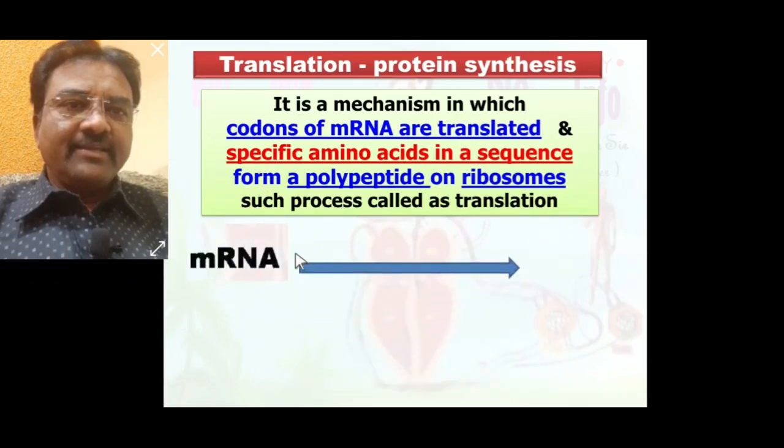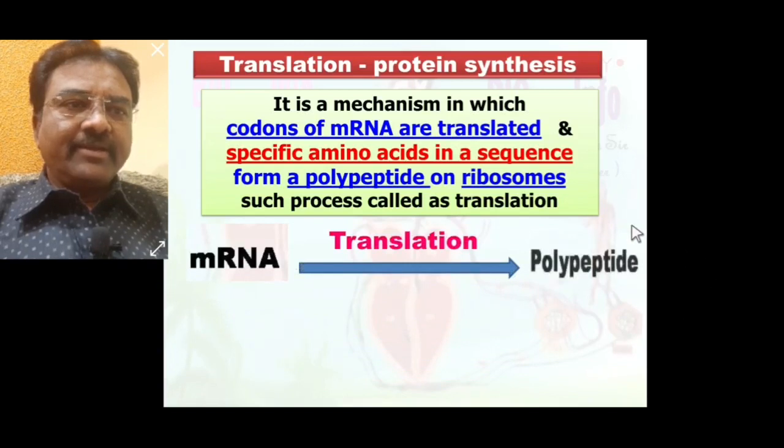mRNA, translation, polypeptide or protein. You know in the central dogma two processes are seen, transcription and translation.